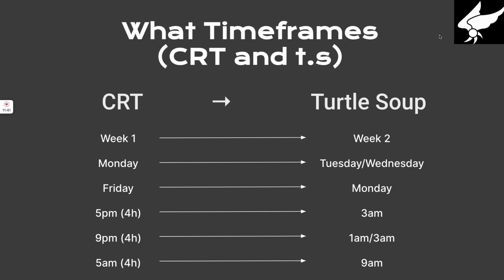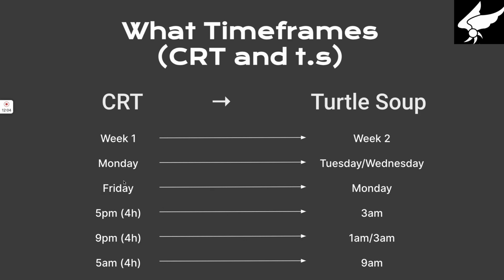The CRT range will form on Monday, and the turtle soup will form on Tuesday or Wednesday. Why Tuesday or Wednesday? Because Tuesday can be an inside bar. Wednesday can be the turtle soup. High probability CRT.